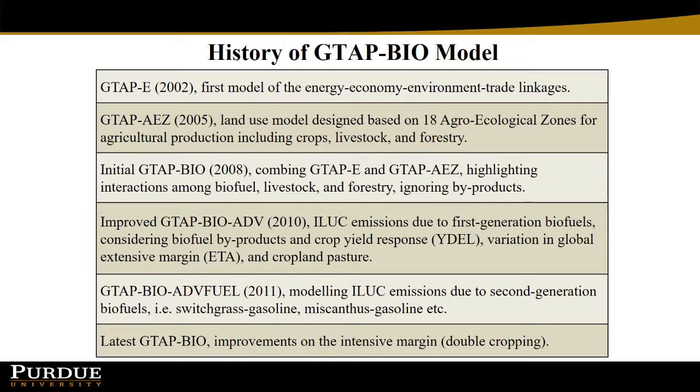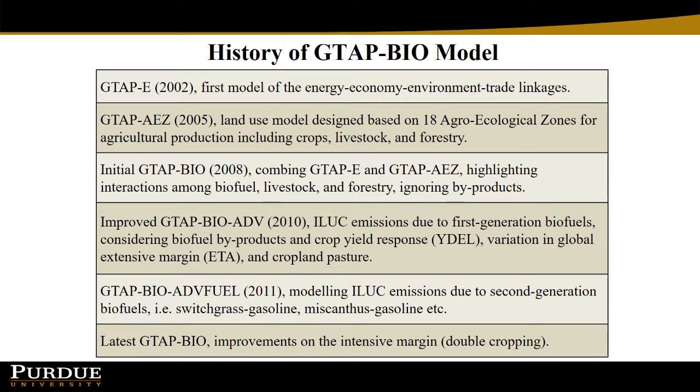For those who do not know, GTAP is a computable general equilibrium model. It simulates the whole world economy. All countries are there, and it has all products which we produce across the world. It's a big model. It was basically an energy environment model, and then a version of that tried to incorporate land into GTAP.